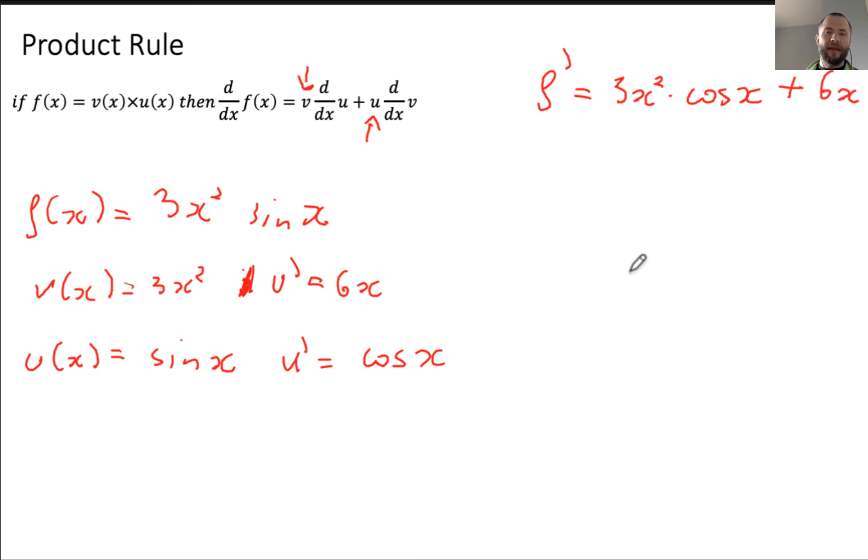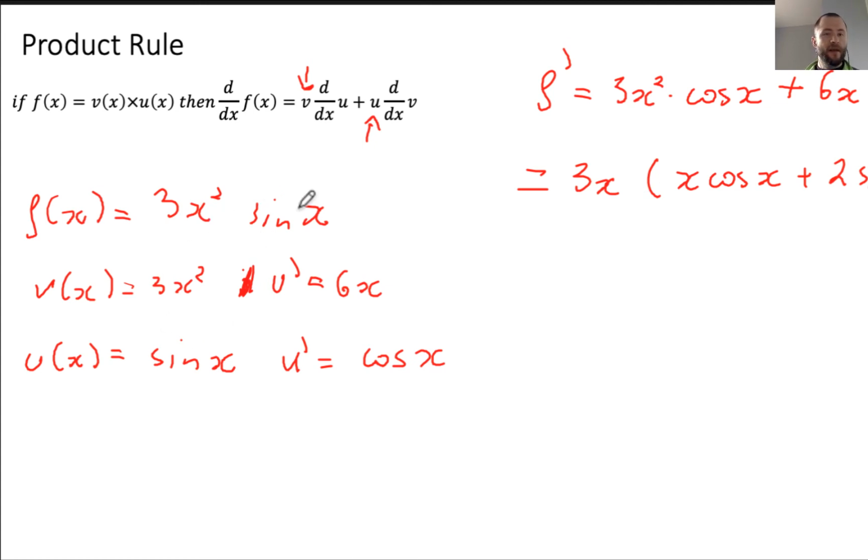And then we could take out the common factor, for instance take 3x out, and that will give us 3x times x cos x plus 2 sine of x, and that's my derivative.